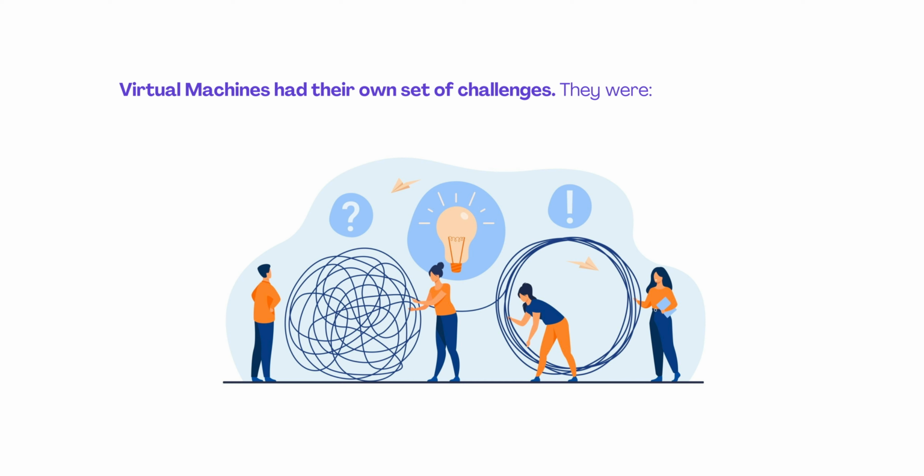Containerisation emphasizes the need for a strong DevOps culture. The adoption of containerisation has underscored the importance of fostering a strong DevOps culture. Teams need to break down silos, collaborate in real time, and share responsibilities.